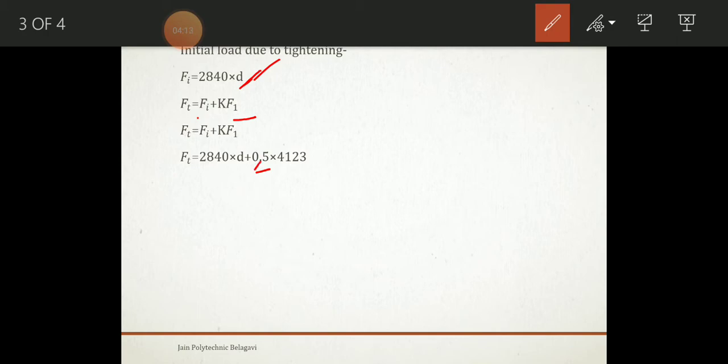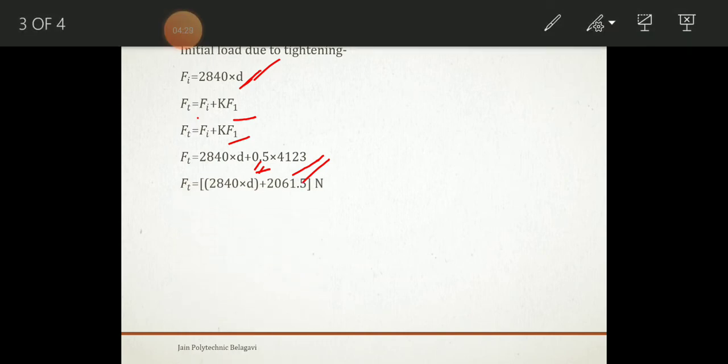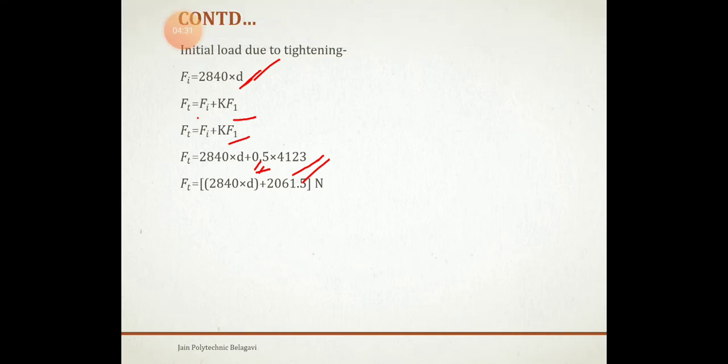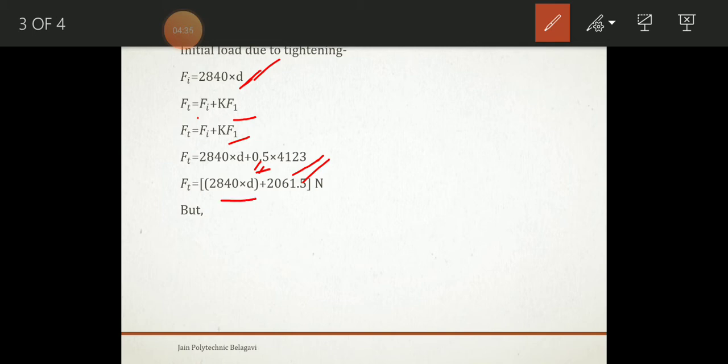Now this value you will get directly from the data handbook, into this F1 is 4123, which is nothing but the force acting on the single bolt. When you substitute, you will get Ft equal to 2840D, this is due to the initial tensioning, and 2061.5. When you multiply this and this, you will get this.